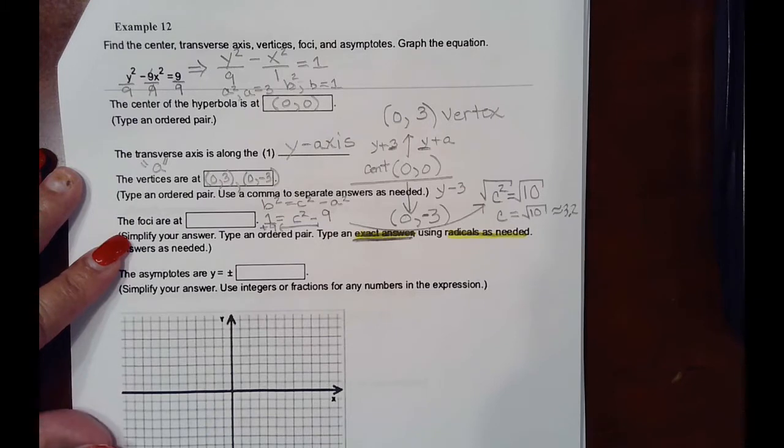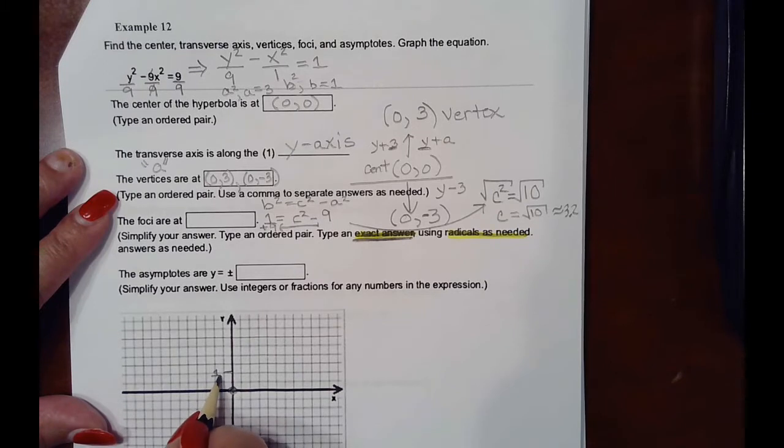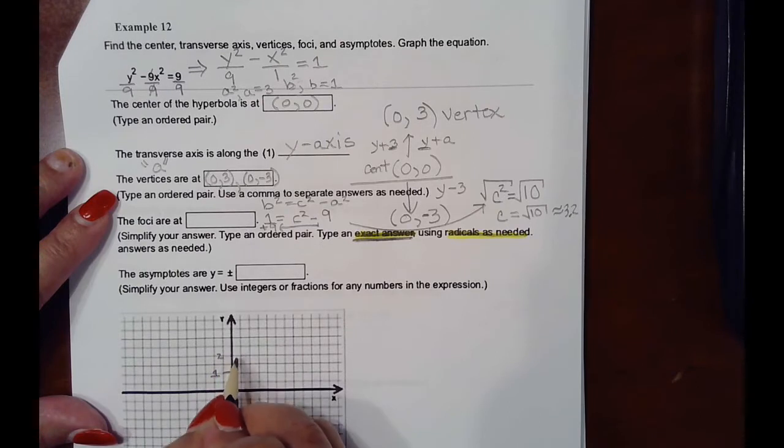Okay, so let's get a sense of how things are aligned by plotting what we already know. We know that the center is at 0, 0. We know that one of the vertices is at 0, 3. Now I think I'm going to space this out a little bit. I'm going to let this be 1, so it's not all crammed in. I'm going to let this be 2, and I'm going to let this be 3.